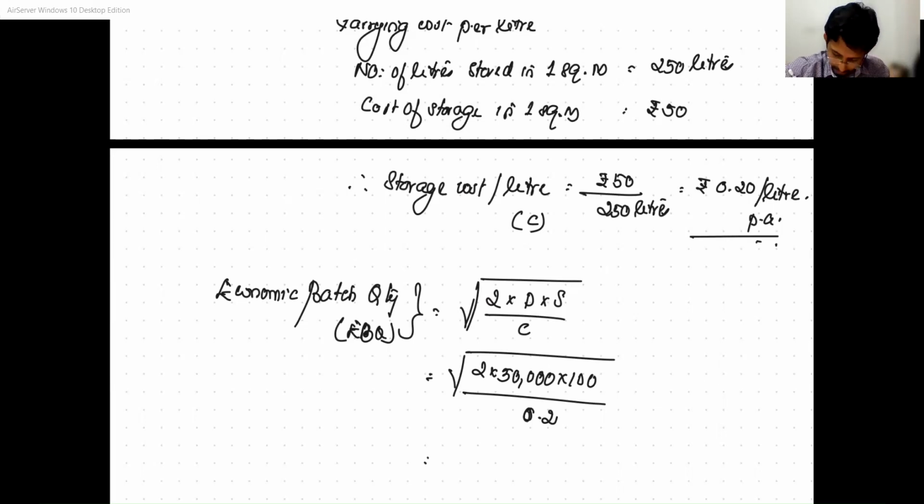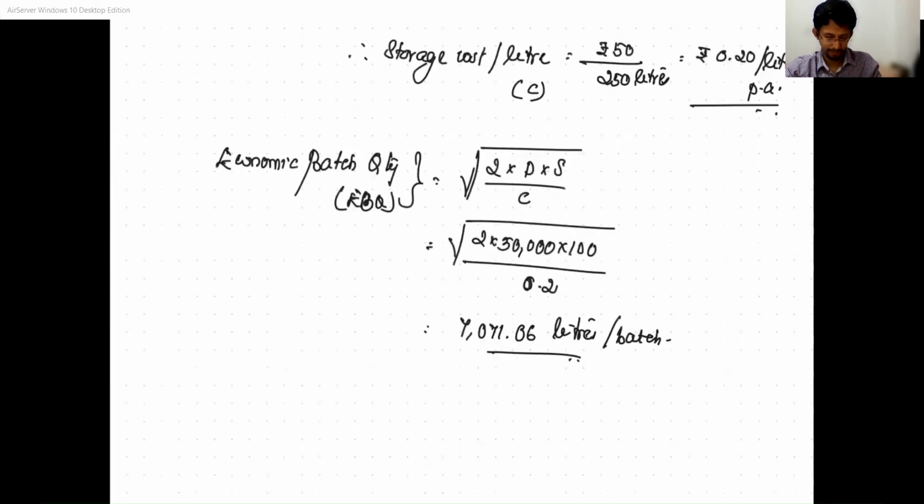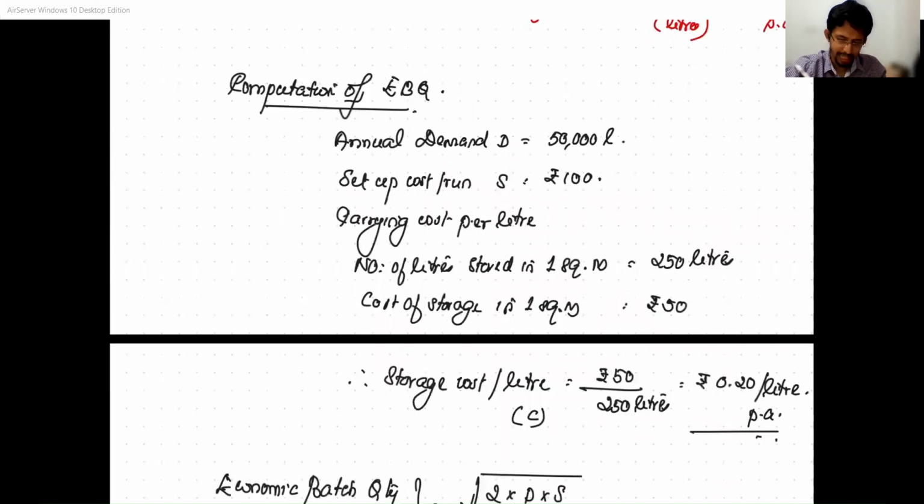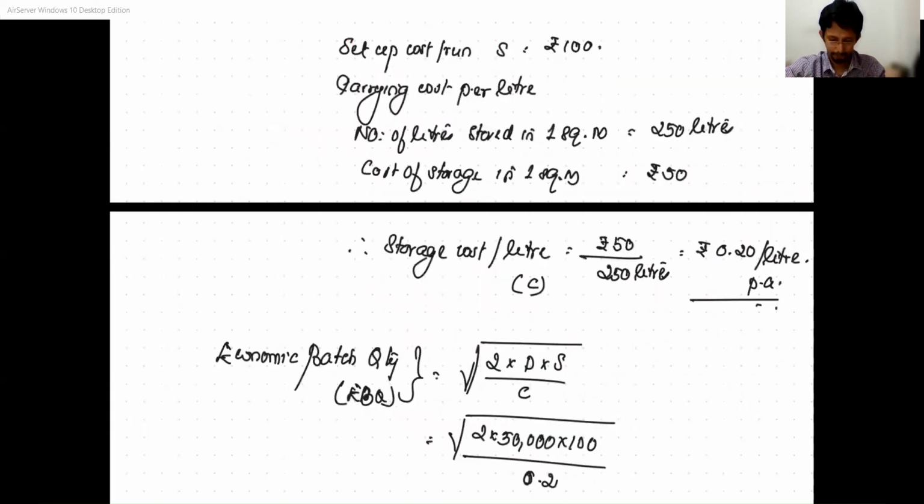Okay. That comes to 7071.06 liters per batch. So with the formula, this is the exact EBQ. Whereas when you applied the trial and error, we got 7,000, which is more or less same.